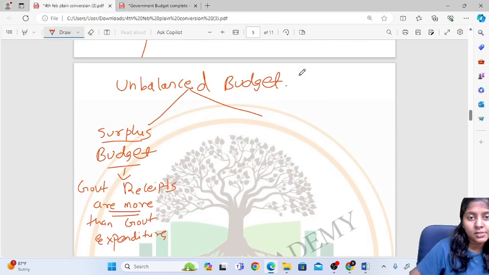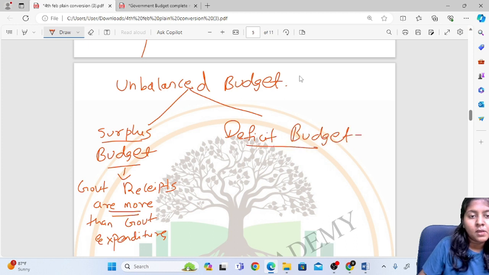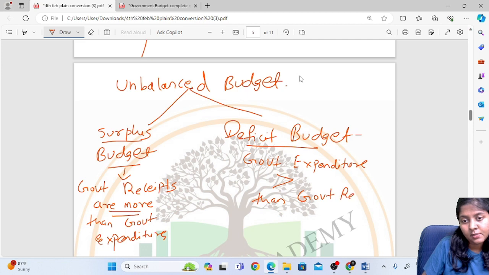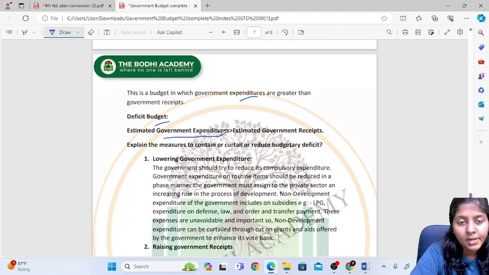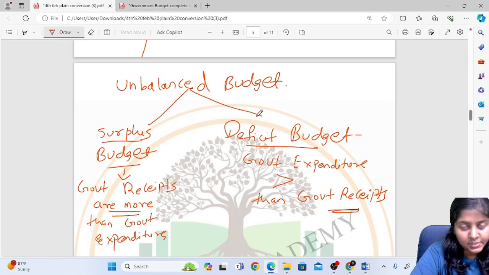So when government expenditure is more than government receipts, it is called a deficit budget. Estimated government expenditure is more than estimated government receipts. This is called a deficit budget.